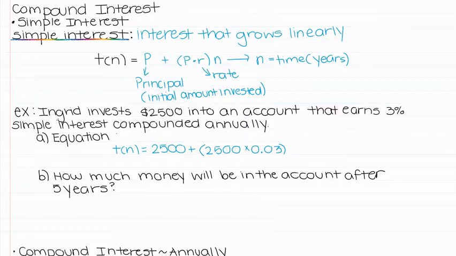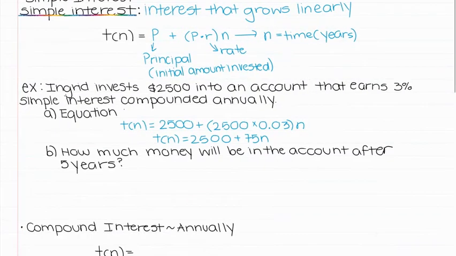And then that's all multiplied by the number of years. So the final equation is T of n equals 2,500 plus 2,500 times 0.03, which is 75n. So what that means is every single year you're earning $75 in interest.